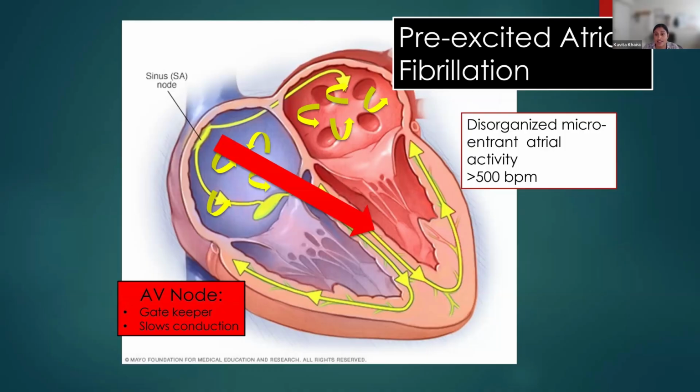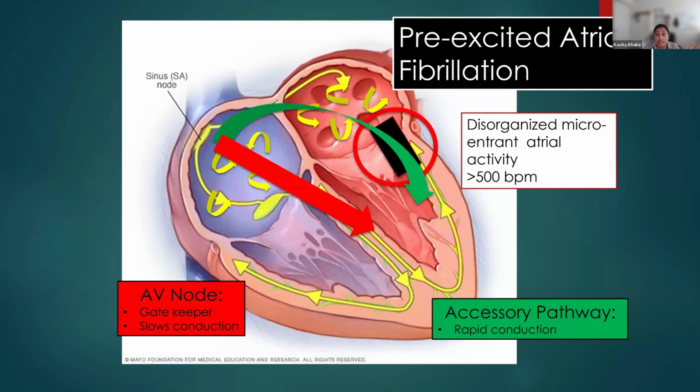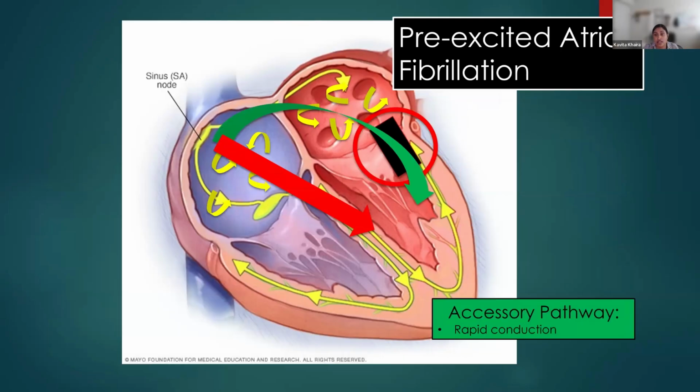You still can have AFib with RVR, heart rates in the 150s, 160s, but it can't go like 250, or very high, because of this gatekeeping property. But if you have an accessory pathway, it kind of opens up the floodgates, and these patients can go very fast.